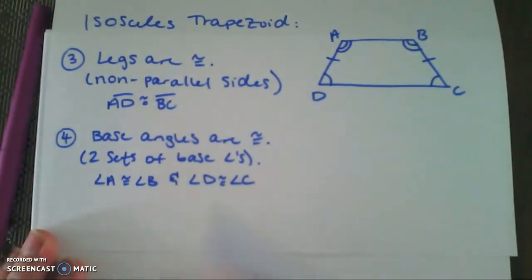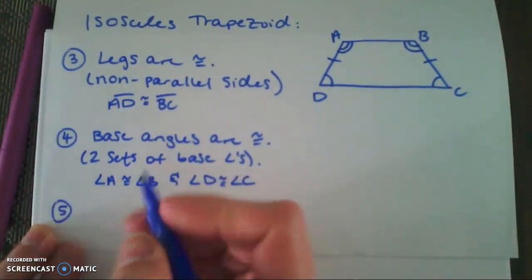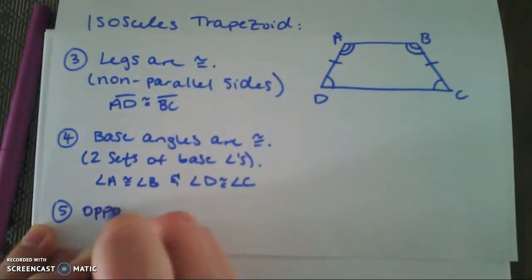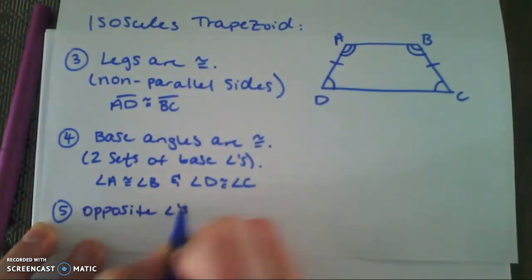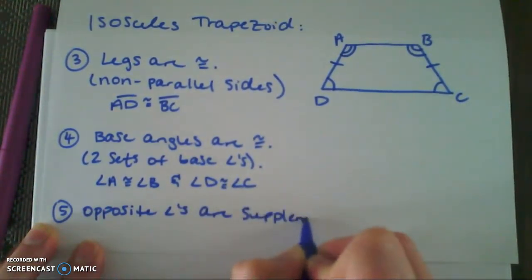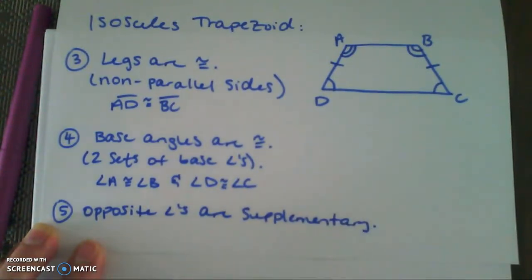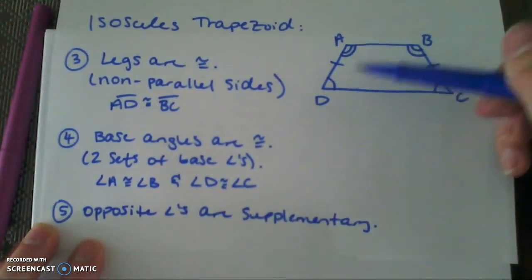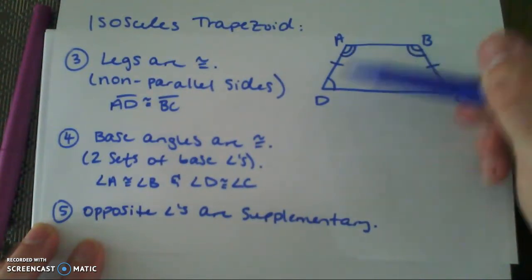Next property is that the opposite angles are supplementary. So opposite angles are supplementary. You're still going to have the consecutive angles here.